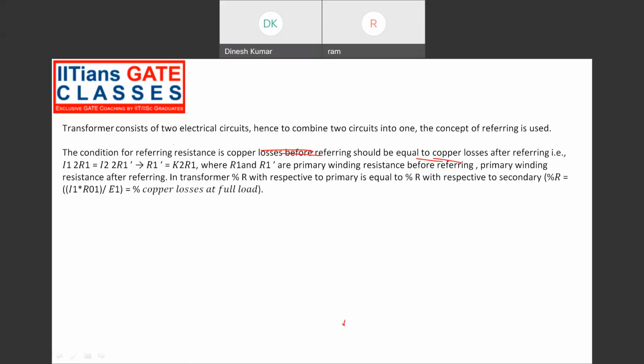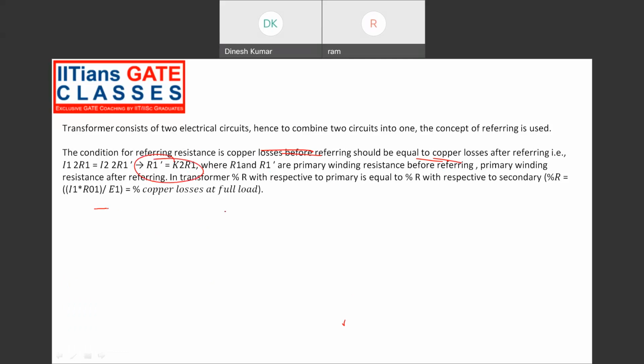That's how we got R1 dash equal to K square times R1. Sorry, K square, it's not K2. Okay, K square.